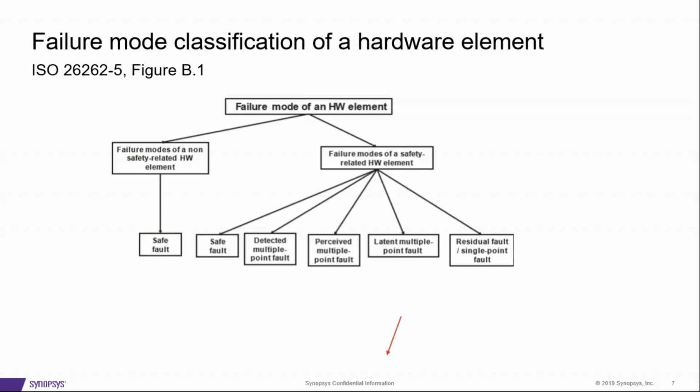What sort of coverage should I have in terms of how resilient my system is? How many faults should I be able to detect, or how many residual faults should I tolerate in that particular design? This is what your ASIL level would be. So how do you come to that conclusion?